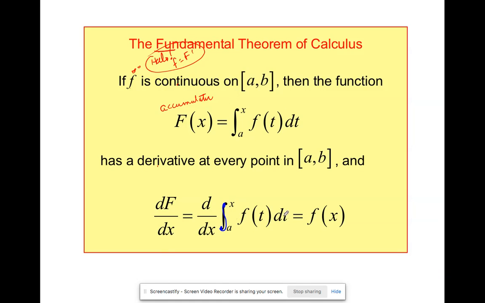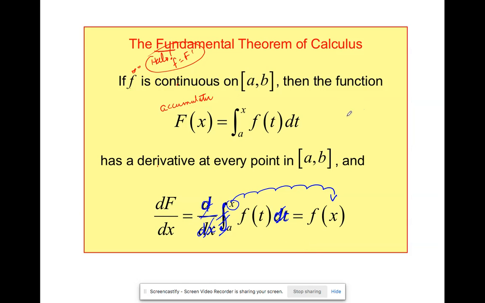Remember, this integral sign and this little differential of t, that is the antiderivative notation. d over dx is the derivative notation. So when you have capital F as an accumulator function and then you take its derivative, the derivative notation goes away and just f drops out, and then you can put x back because you don't need the dummy variable anymore.